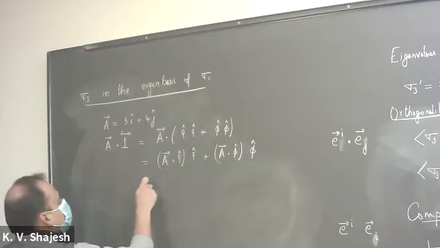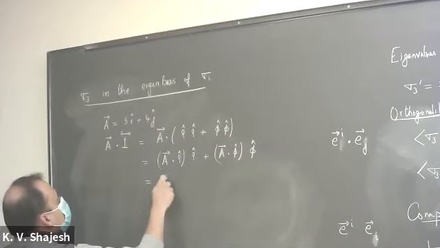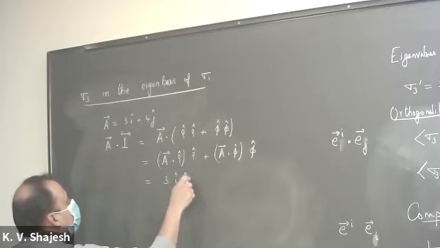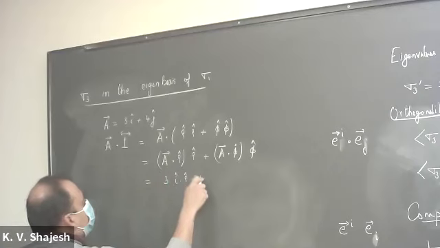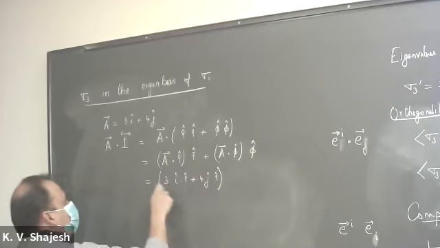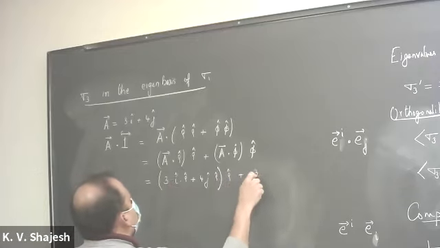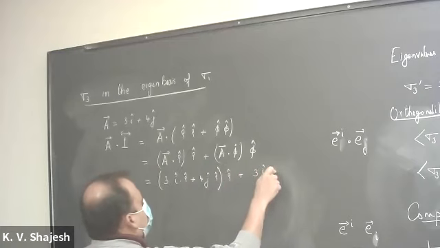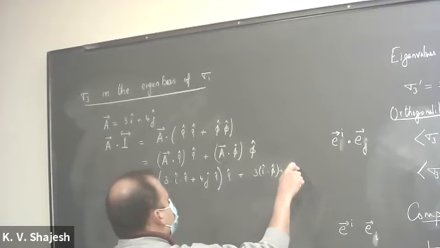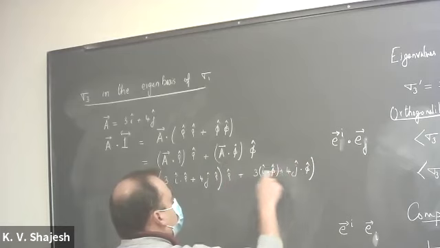And then of course, since A has 2 pieces, this will be 3 times i hat dotted with rho hat plus 4 times j hat dotted with rho hat in the direction of rho, plus 3 times i hat dotted with phi hat plus 4 times j hat dotted with phi hat.